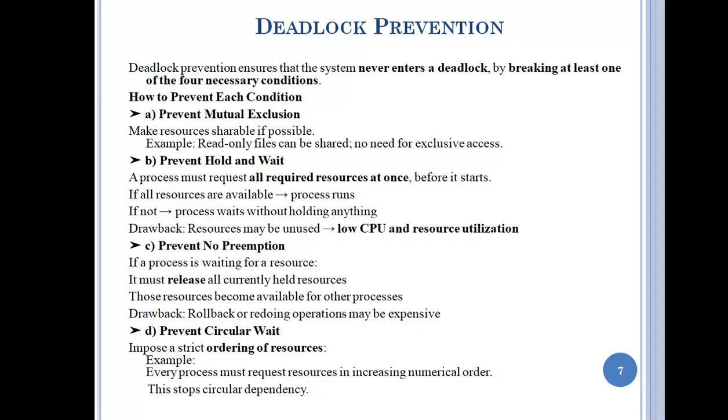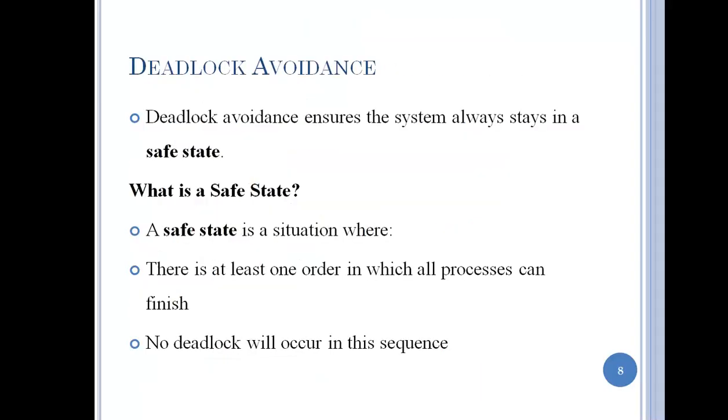Those resources become available for the other processes. The drawback here is that rollback or redoing operations may be expensive. The fourth one is prevent circular wait. Impose a strict ordering of resources. For example, every process must request resources in increasing numerical order, and this stops the circular dependency.